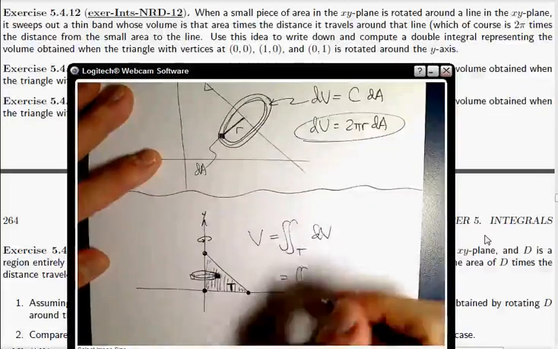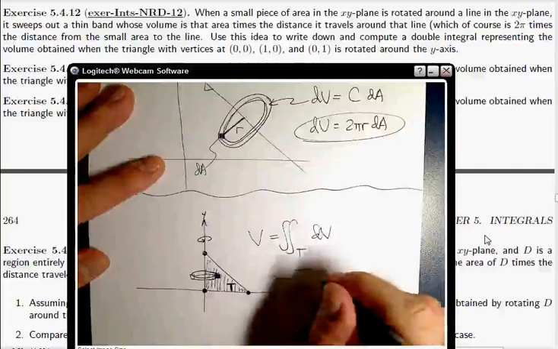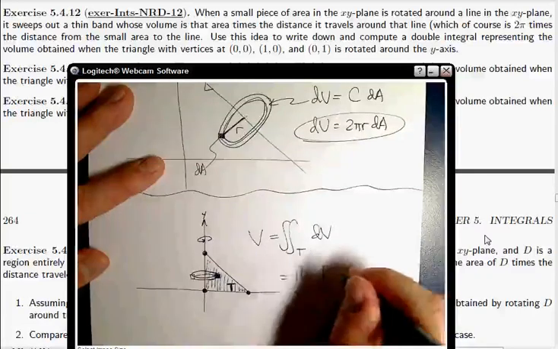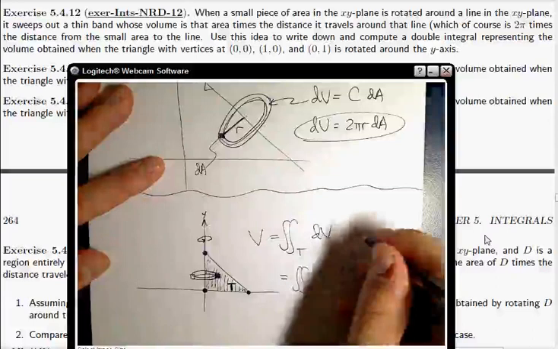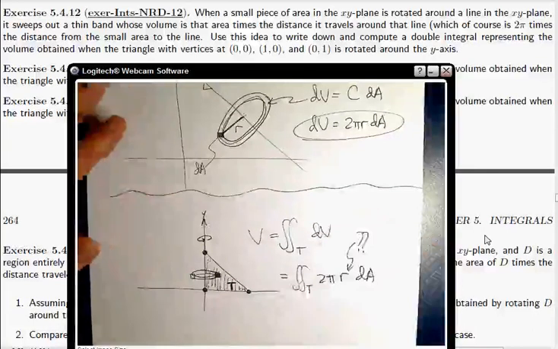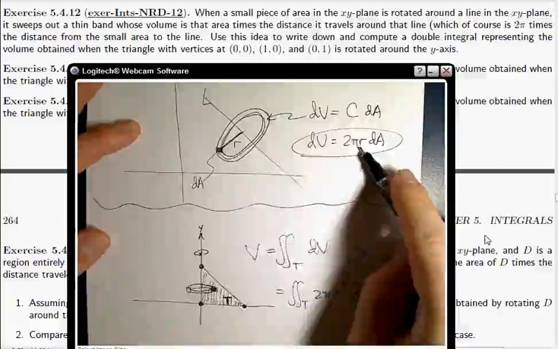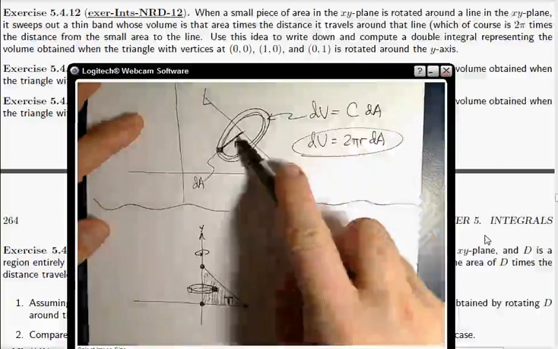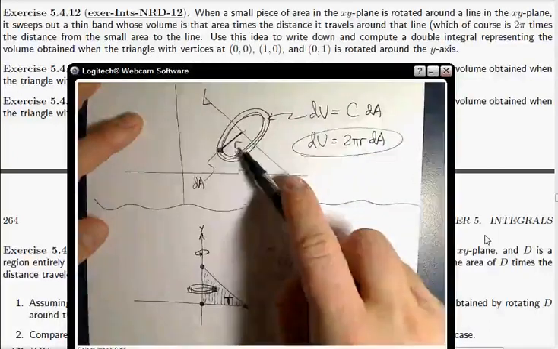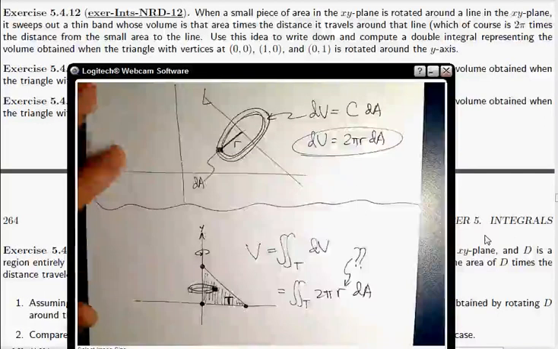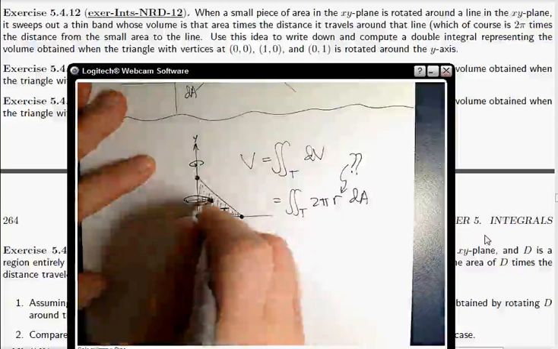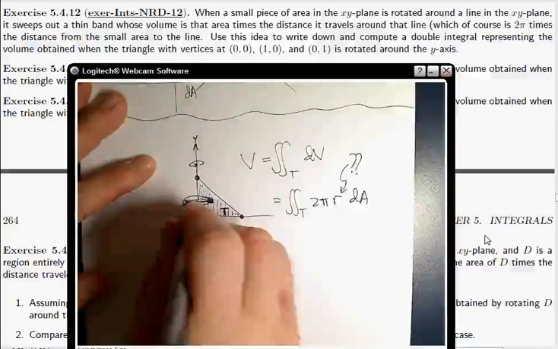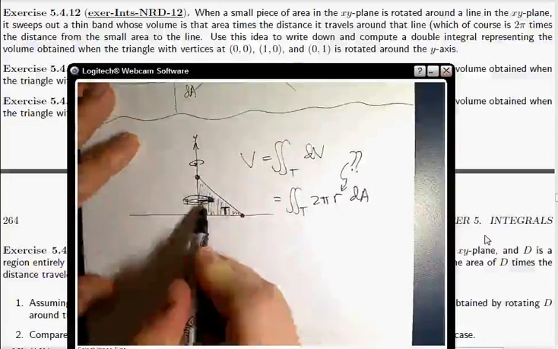And now we just have to figure out the specifics. We've got 2 pi r dA, but we've got to figure out specifically what r is. Because up here I never said what r was, other than here it is in the picture, but how do you compute it? Well, in this picture there's what it's supposed to be.